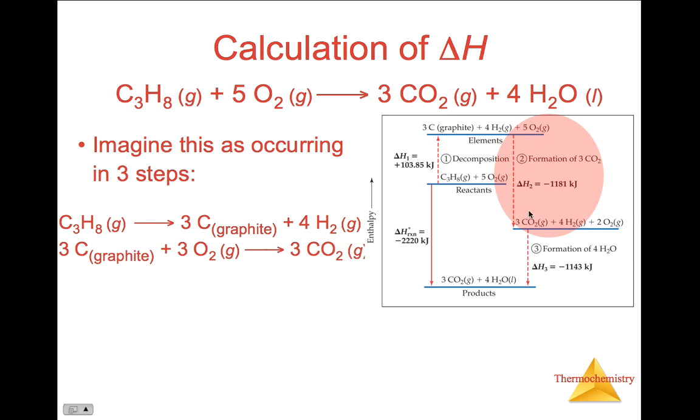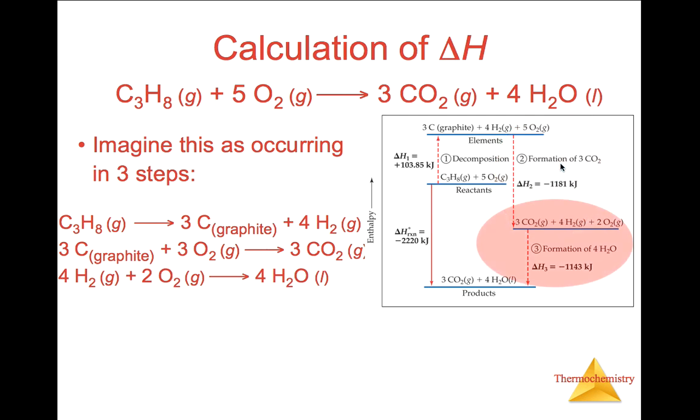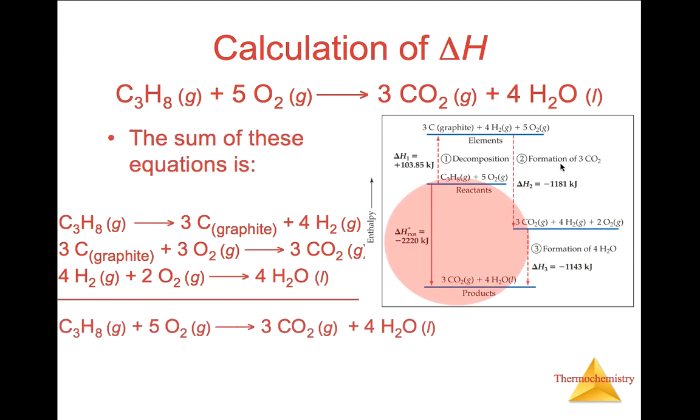And you can see this one circled over here in pink as well. And then lastly, or thirdly I should say, the hydrogen and the oxygen form H2O. And you can see that when you add all 3 together, you get the overall enthalpy of the reaction.